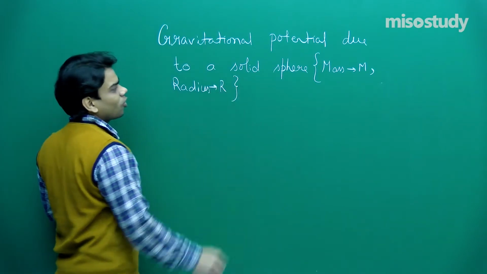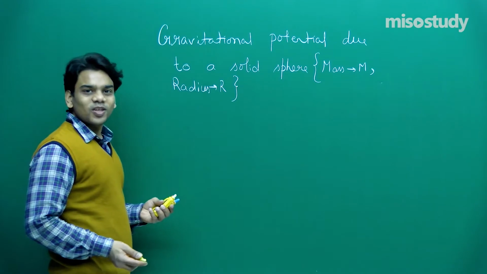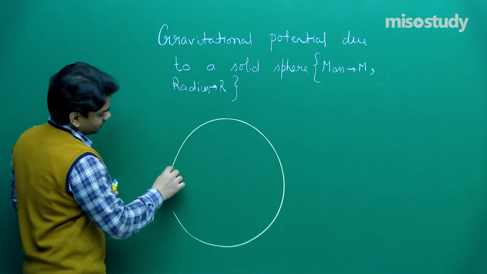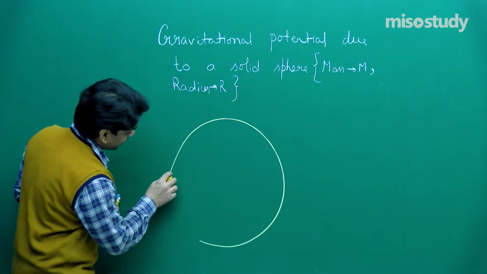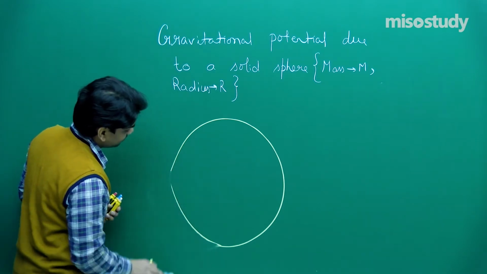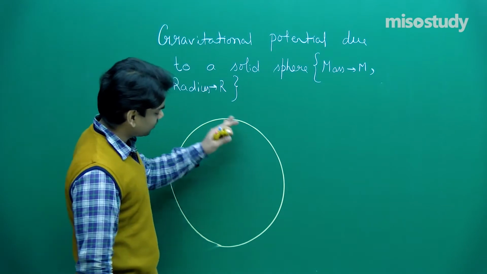I believe you are also practicing the derivations after class. Let's see how a solid sphere will look. It will look something like this. Although every time I complete the diagram it seems a bit bulged from one end, you may take it that it is a symmetrically distributed mass system.